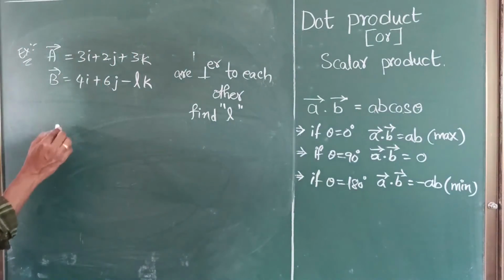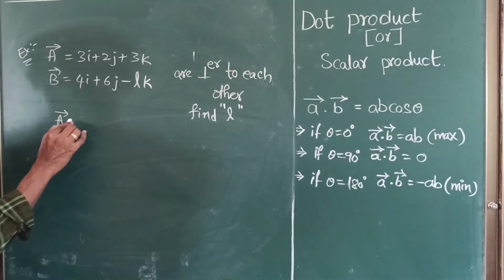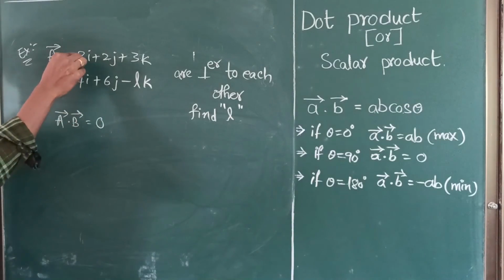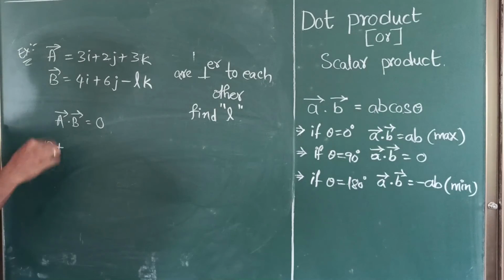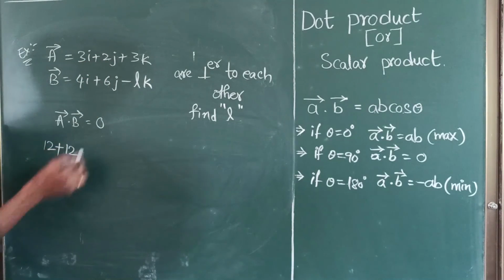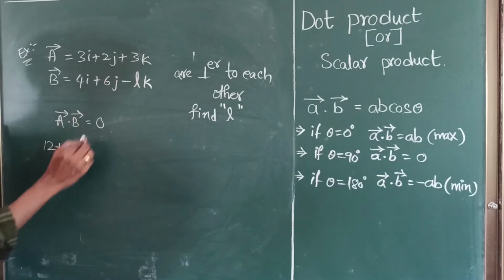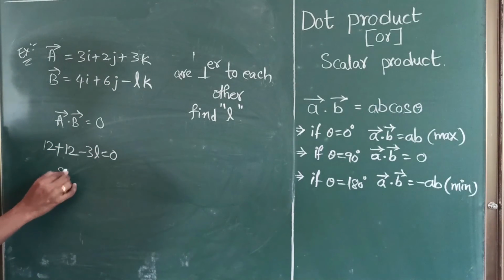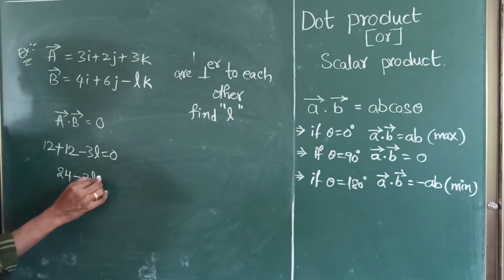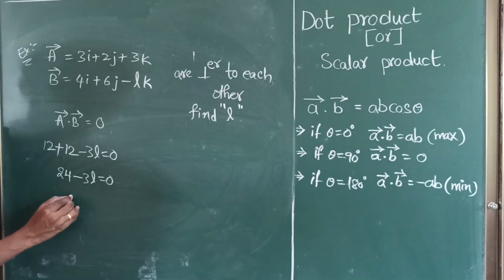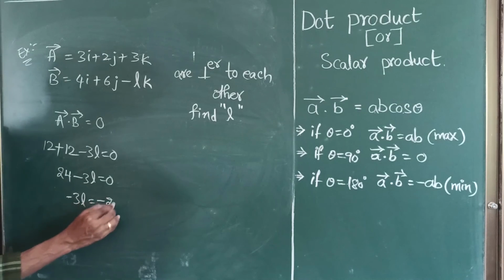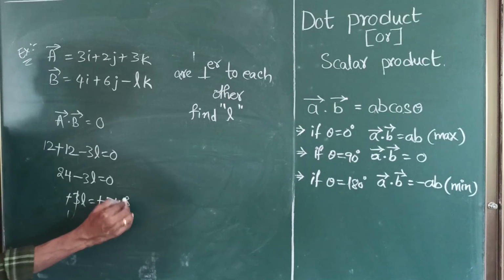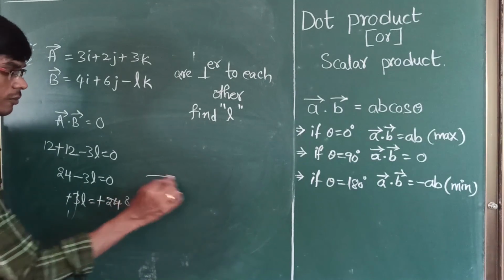So A bar dot B bar is equal to 0. Now A bar dot B bar means 3 into 4 is 12, plus 6 into 2 is 12, plus 3 into minus L is minus 3L, equal to 0. Now 24 minus 3L is equal to 0, then minus 3L is equal to minus 24. The minus signs cancel, 3 eights are 24, so L is equal to 8.